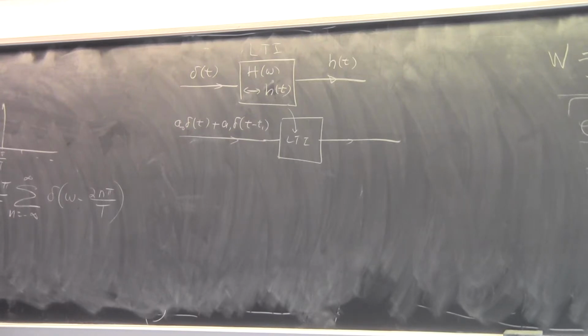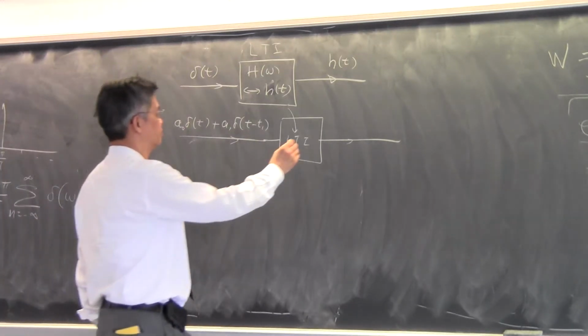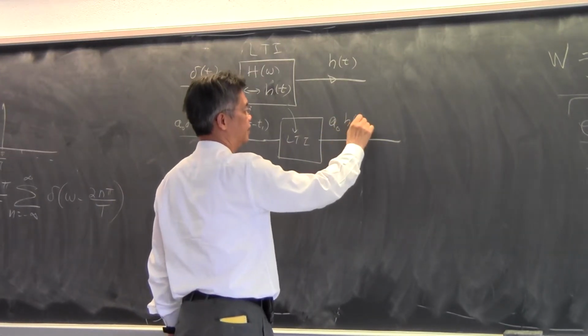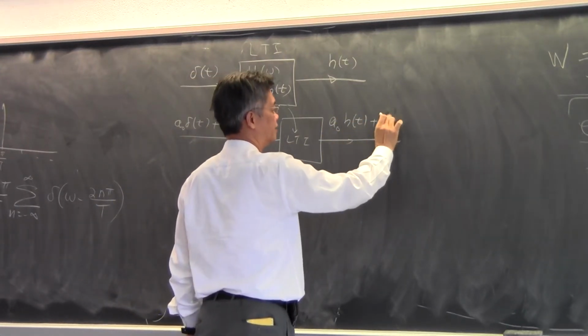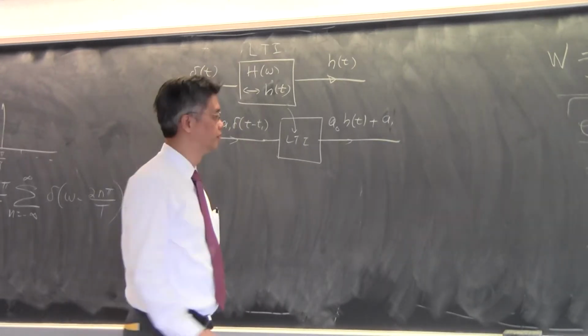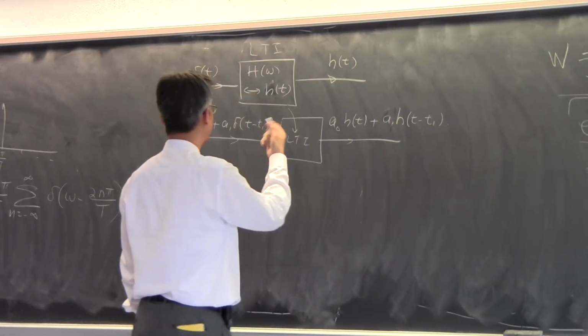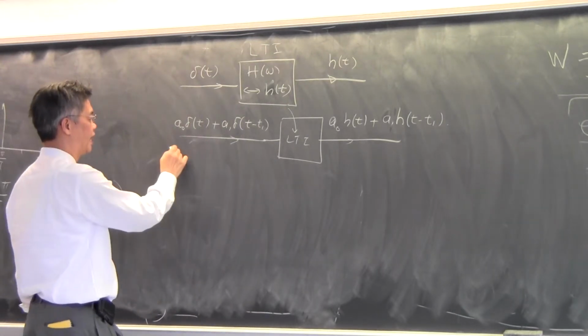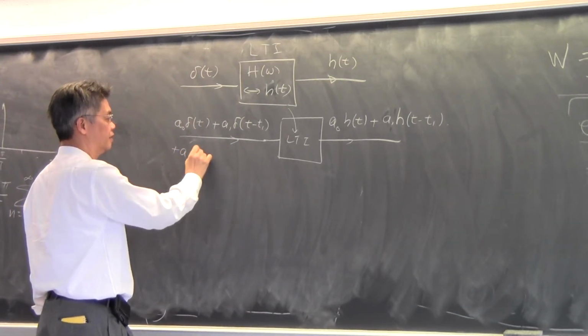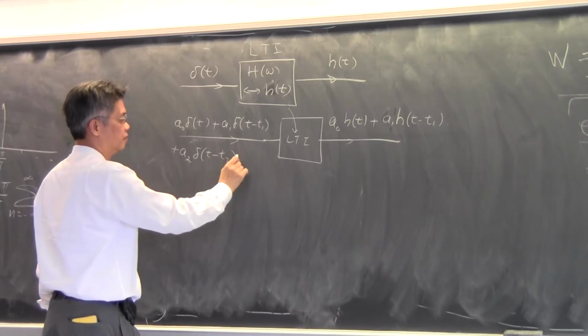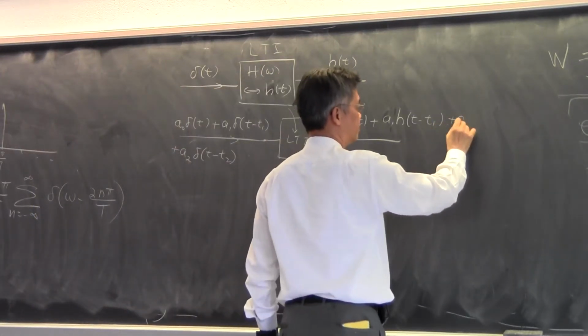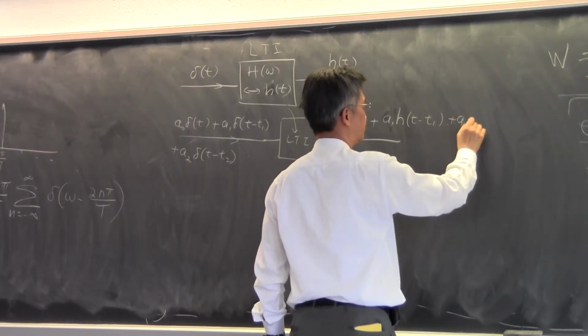By the principle of linearity and time invariance, it is A naught times h of t plus A1 times h of t minus t1. You can go on, and if you were to add a third term here, you would just have to add a third term over here.